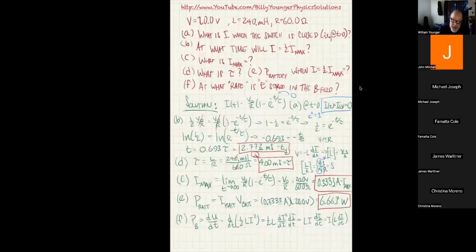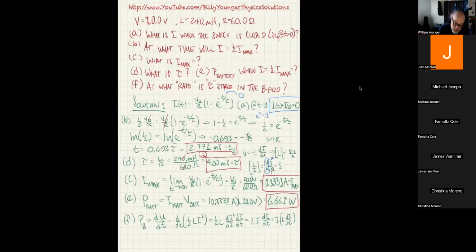So if I wanted to do that, I can put I out in front, which is going to be equal to, I'll write P battery again. This is going to be I, which is 1/2 of 0.3333 amps, times L, which is 240 millihenries, and then I'm going to multiply that by dI/dt.